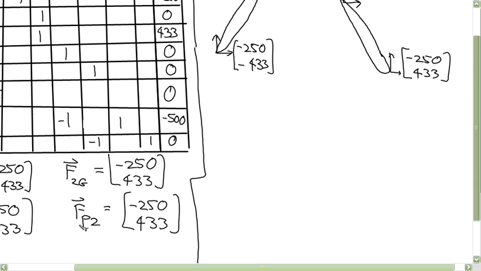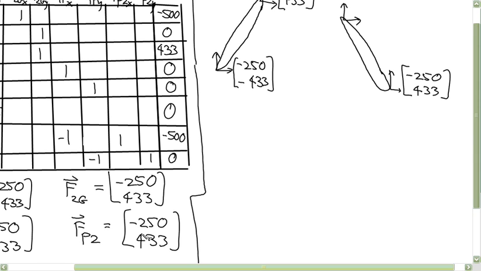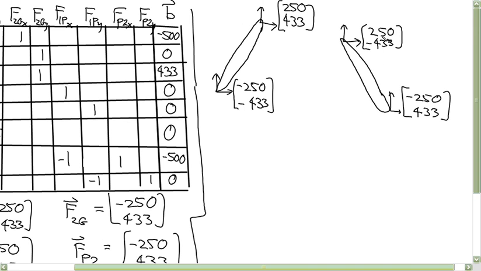There's FP2, so what's F2P? 250, negative 433. Which does what we just noticed it has to do. It's along the member, and it's equal and opposite to the other force.